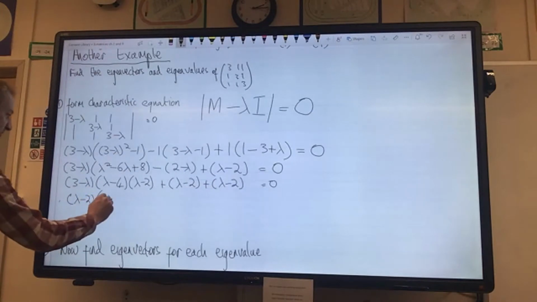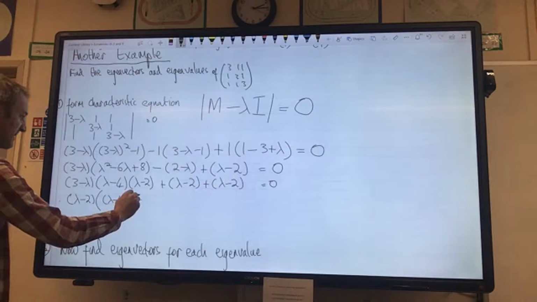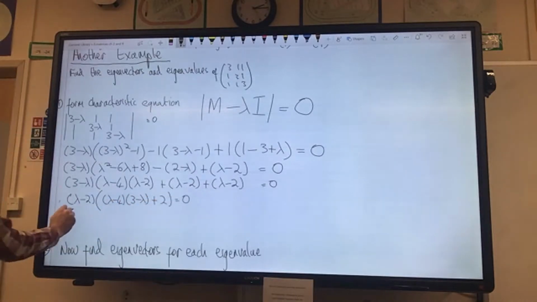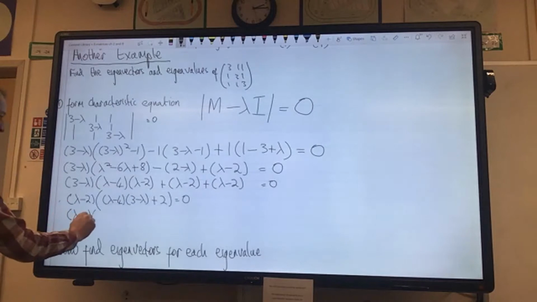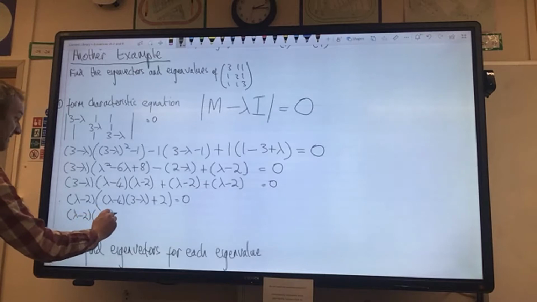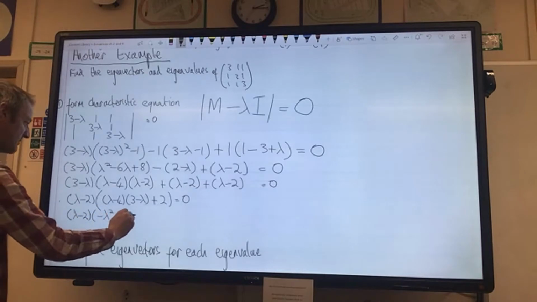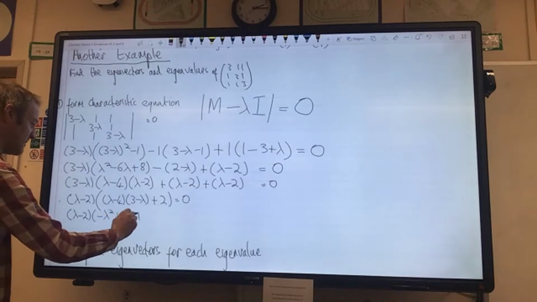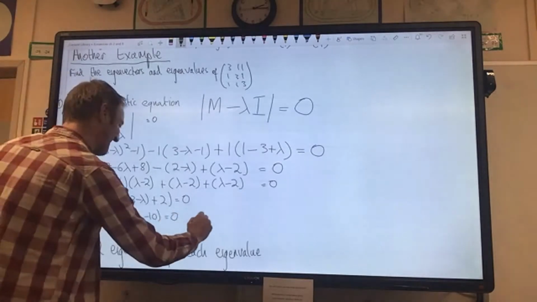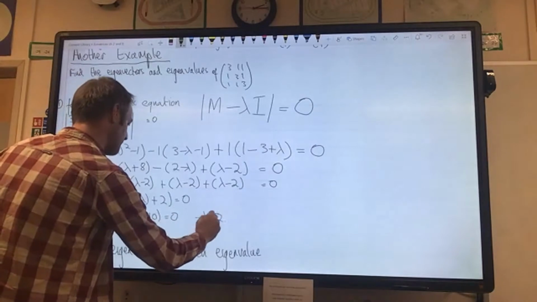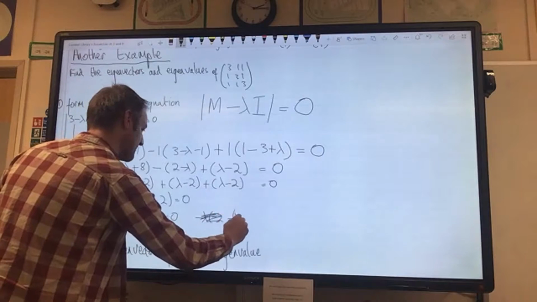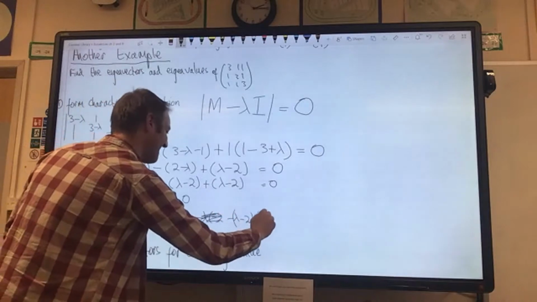So lambda minus 5, lambda minus 2 squared is 0. 3 lambda plus 7 lambda minus 12, minus 10, minus lambda, minus 2.